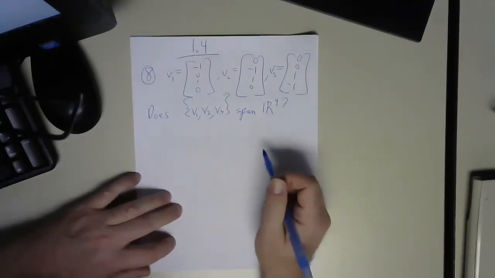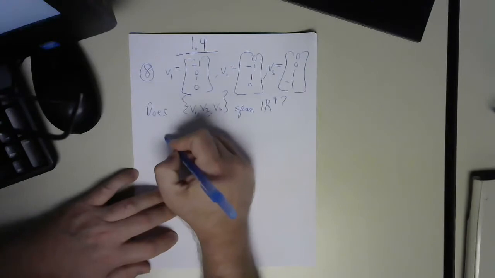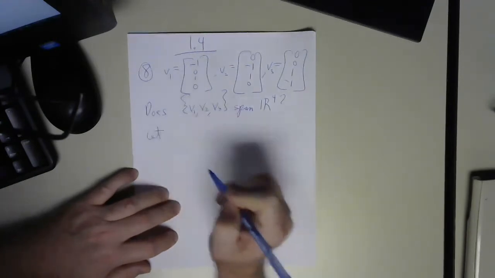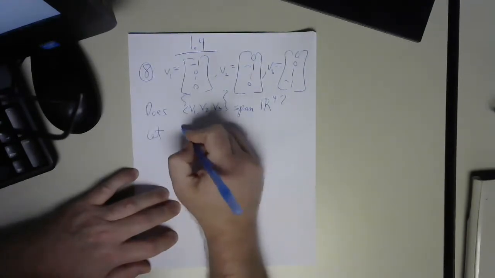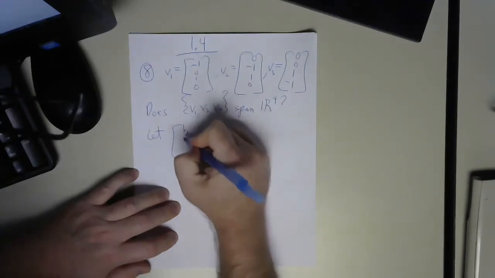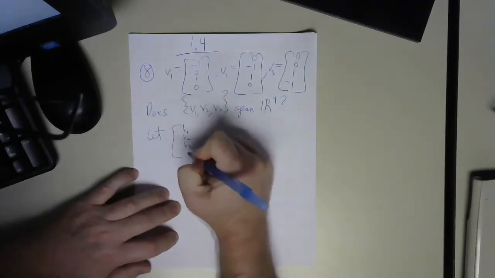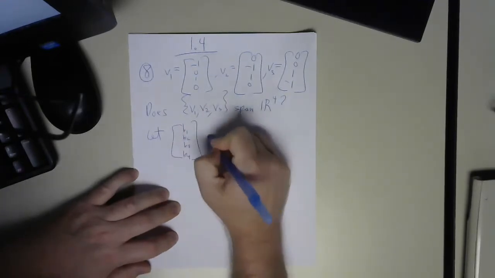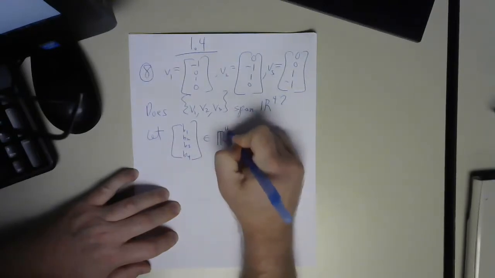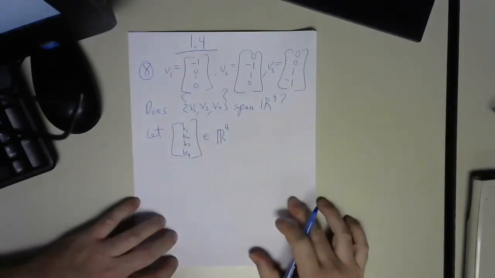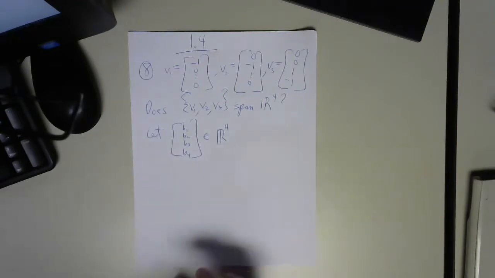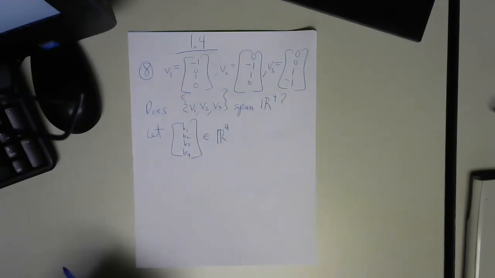Well, to answer that question, we really have to decide if you choose any vector in R4, and I suppose we could do this. Let b1, b2, b3, b4 be a 4x1 vector in R4, and those b's are just arbitrary constants. So every vector in R4 has that form.